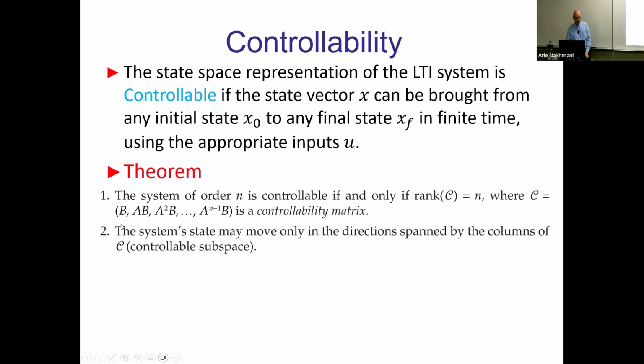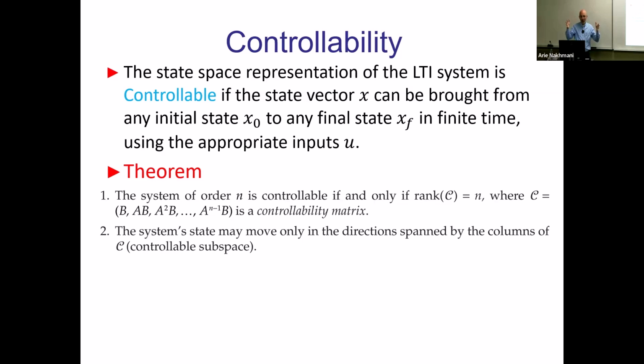So you have column B, then you have a column which is A times B. And pay attention that A times B is still a vector of the same size as B, right? And then A squared B, also a vector, until you get to n vectors. And the last vector will be A to the power n minus 1 times B. So you put all of these columns, you get a matrix, you check the rank of that matrix.